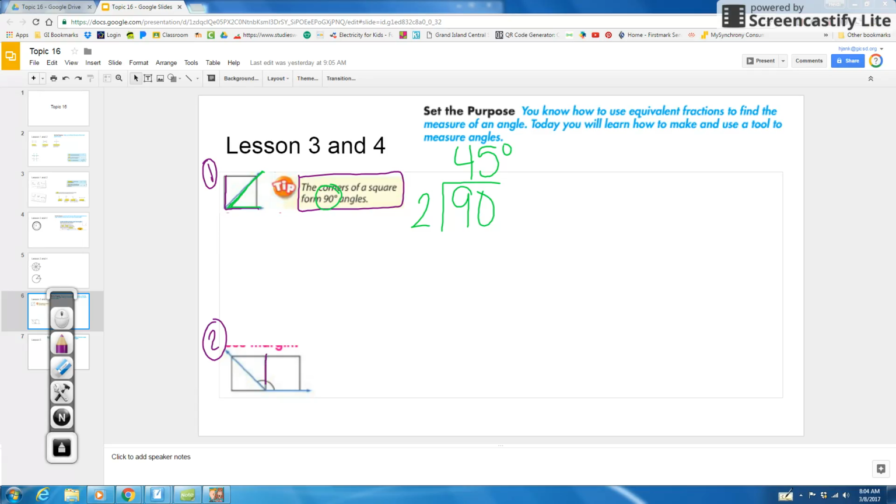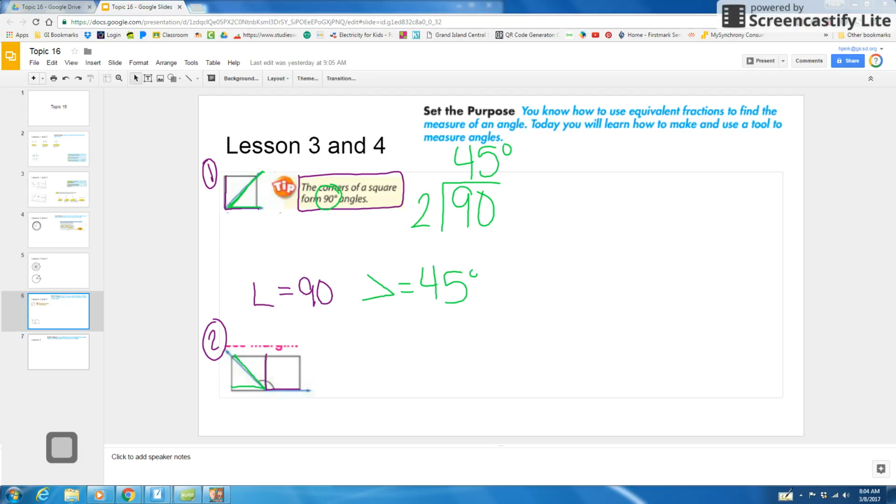I'm going to trace here. We know that that angle, I'm going to do it this way, is equal to 90, okay. I'm going to go to green, okay. We already know that this green angle here, because it's splitting this left square in half, okay, is equal to 45 degrees, okay.